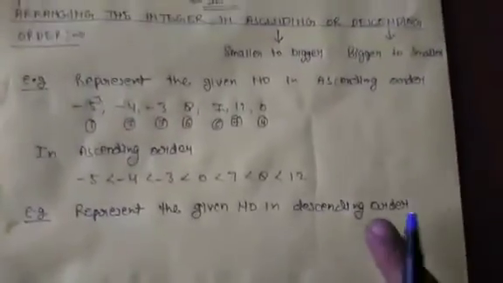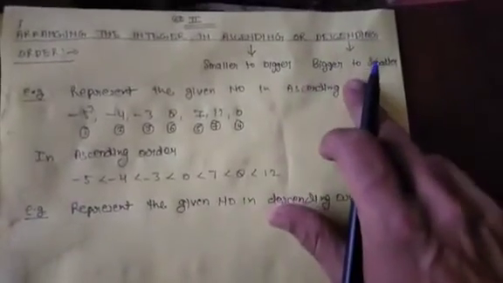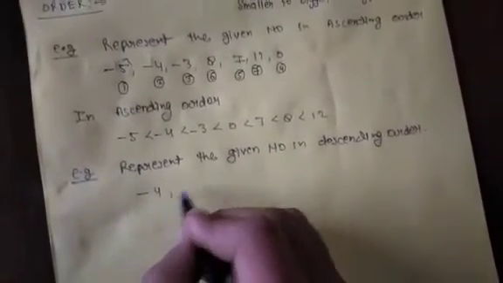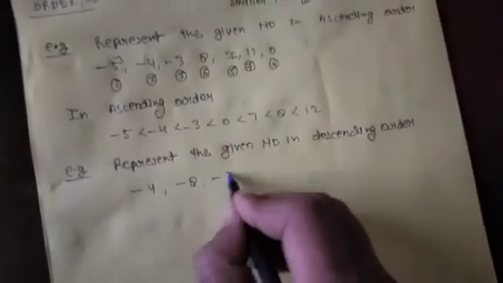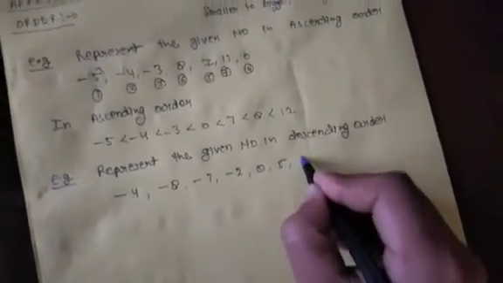So children, as we have discussed, what is descending order? Descending order is nothing but bigger to smaller. That means firstly the biggest number will come, then the smaller, then the smallest number will come. So we can take an example here: -4, -8, -7, -2, 0, 5 and 11.